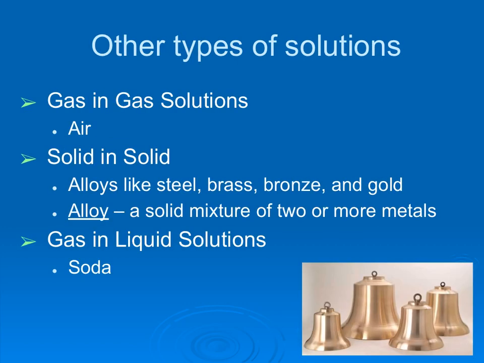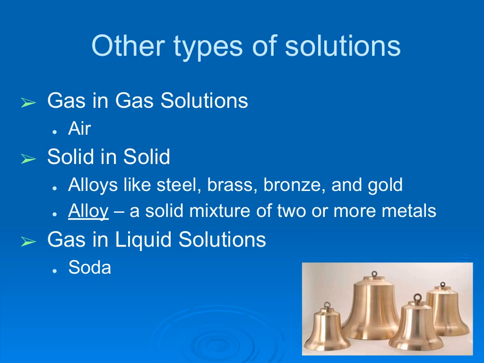So those aren't the only types of solutions, solid in a liquid. We could have a gas in a gas solution, such as air. Air's a solution of oxygen, nitrogen, carbon dioxide. We could even have, and here's another vocabulary word for you, a solid in a solid. So some alloys. An alloy is really a solid mixture of two or more metals.